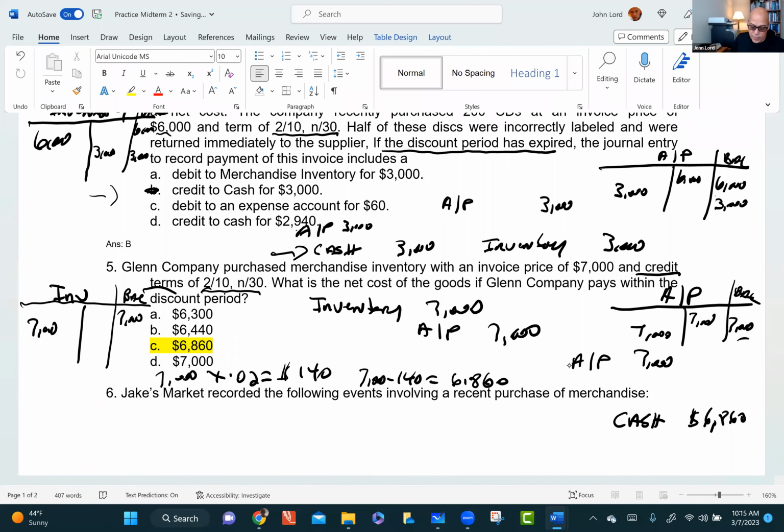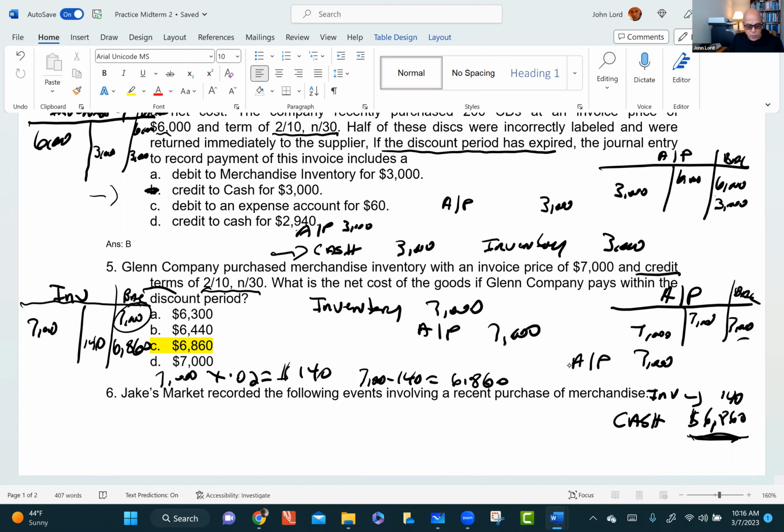So I don't owe anything on that anymore. So I debit the accounts payable. And I say, well, I didn't really pay 7,000 for the inventory. I paid what? 6,860. So what am I going to do? I know I have to credit 140 to make this journal entry balance, and that credit goes to inventory for 140. And when I post that to the inventory, 6,860. Isn't accounting beautiful? How much did I pay for the inventory? 6,860. How much does it show on the account? 6,860.